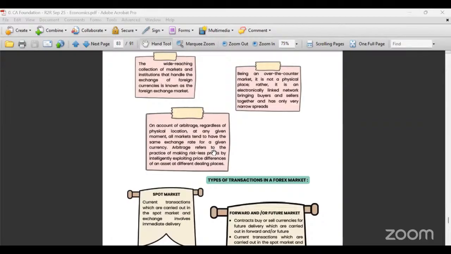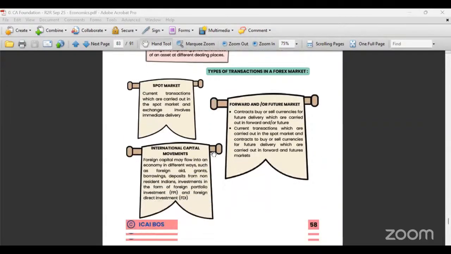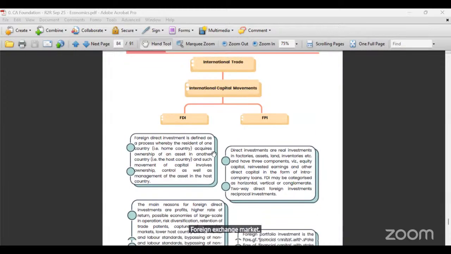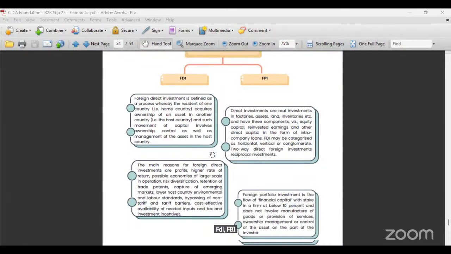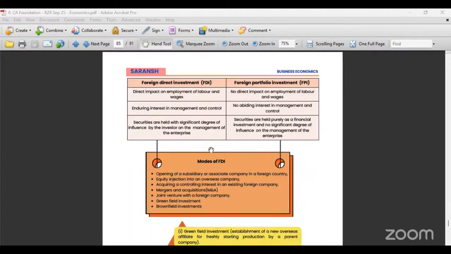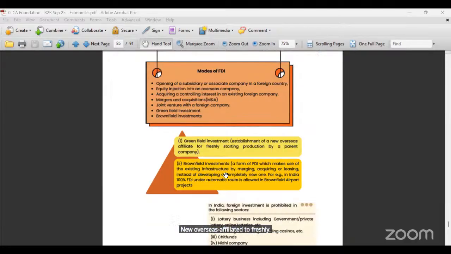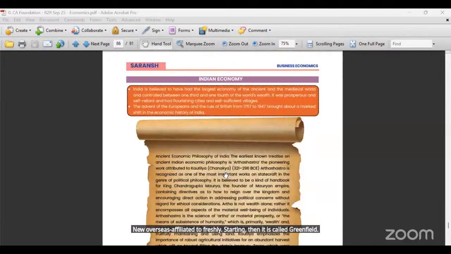Foreign exchange market, FDI, FPI are part of it. Different modes of FDI, greenfield investment, brownfield investment. New overseas affiliate, freshly starting, then it is called greenfield.